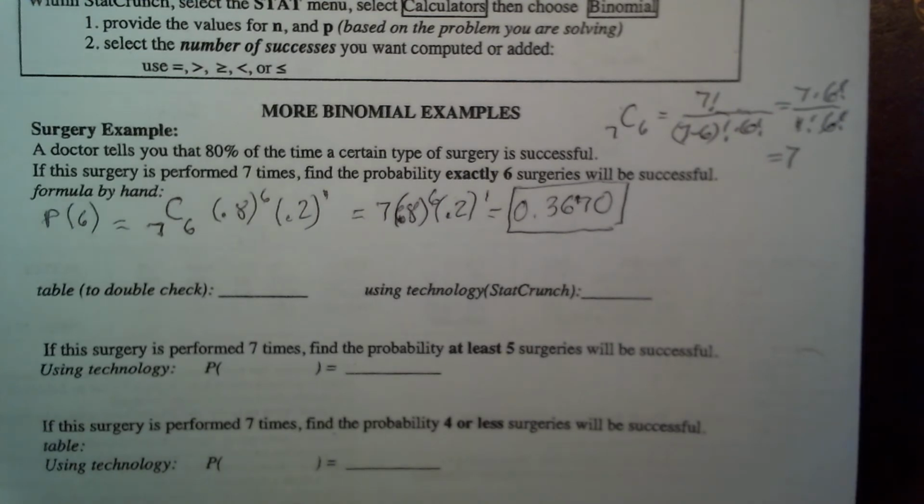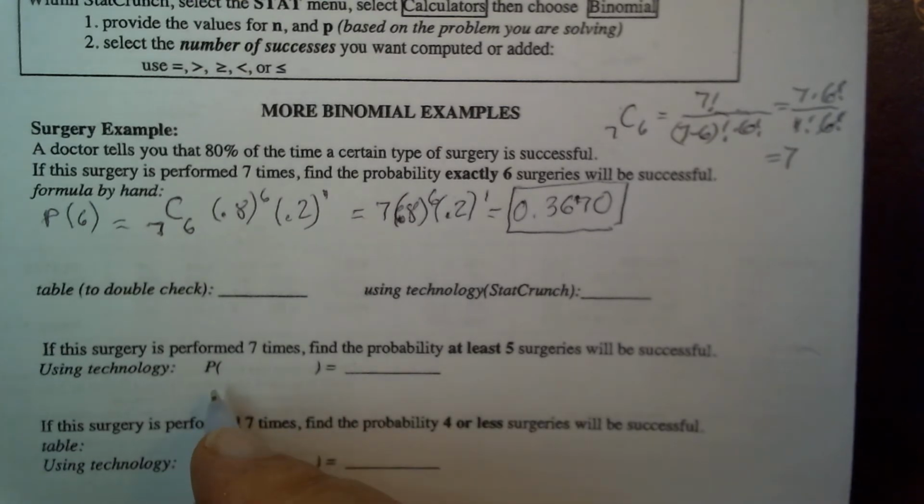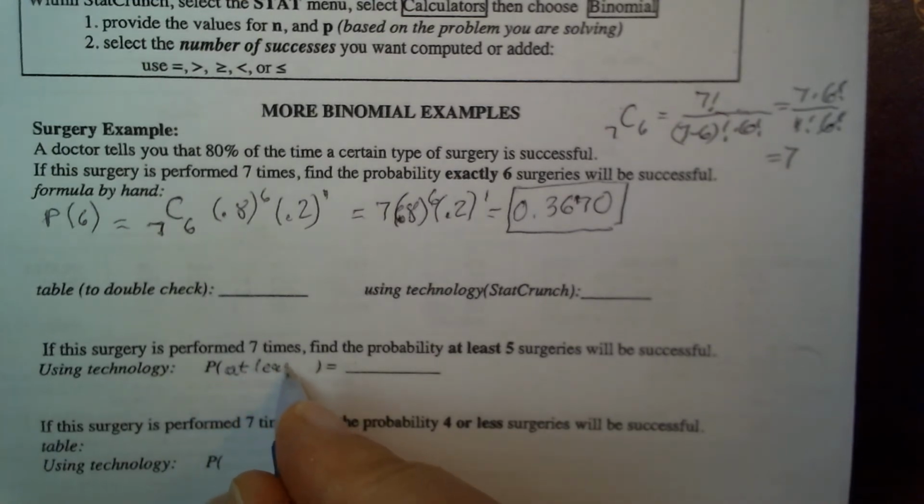When it comes to questions like, if this surgery is performed 7 times, find the probability at least 5 surgeries will be successful. Of course, that means the probability of at least 5.